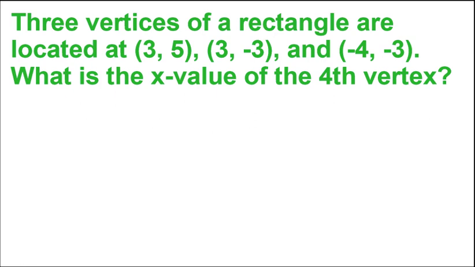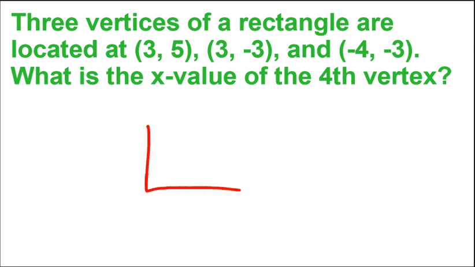We got 3 vertices of a rectangle, and they give the coordinates for those. This is asking what's the x value for the 4th vertex. All right, so first thing, what shape do I got? Rectangle.